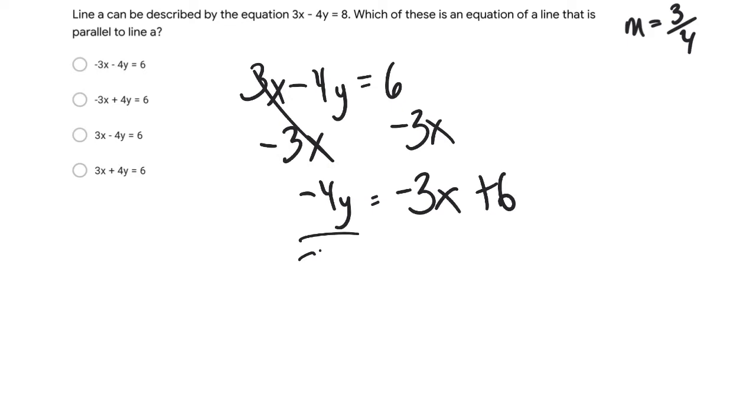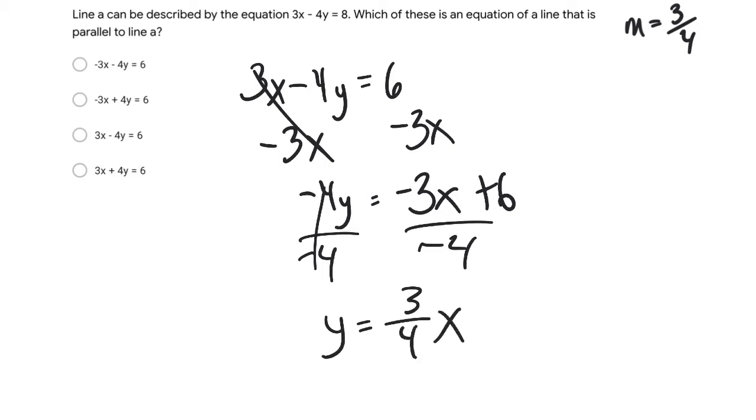If I divide each side by negative 4, then I end up with y is equal to 3/4x minus 3/2, which is what 6 over negative 4 will reduce down to. The only part of this that matters is the slope of 3/4, and you can see it matches the slope that we had before. So my answer in this case would be the third option. So 3x minus 4y equals 6 would have the same slope as 3x minus 4y equals 8.